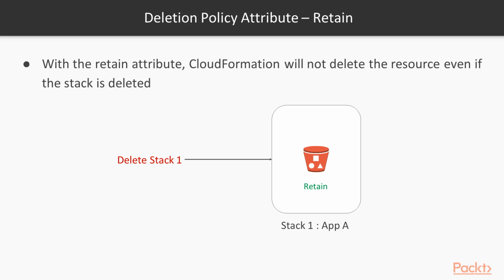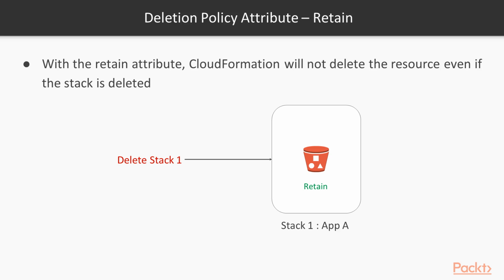Very important part to remember. So in this stack 1 you have this S3 bucket which is created. Whenever you call delete on stack 1, if the S3 bucket has a retain deletion policy, the S3 bucket will not get deleted.